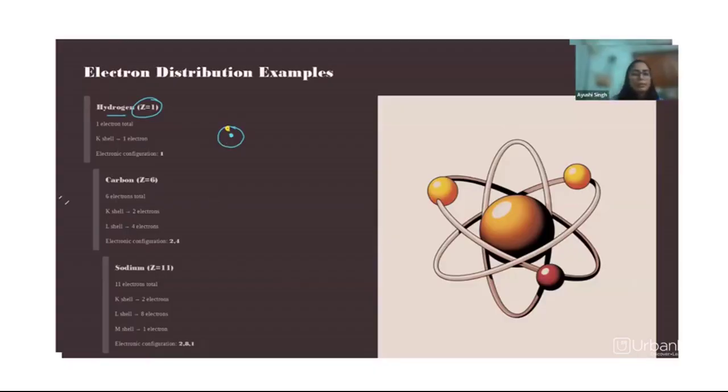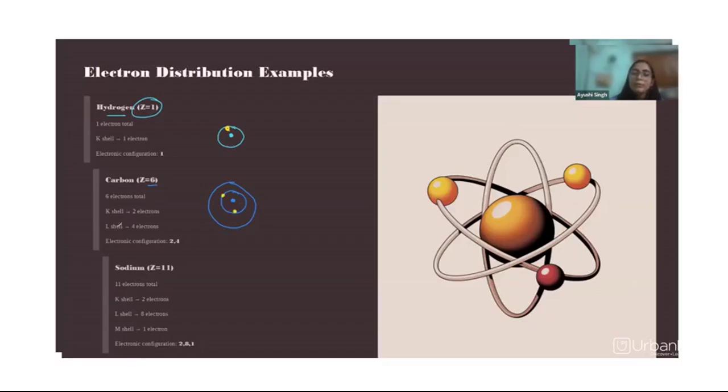Now if we talk about carbon, let me change the color. So let's take carbon. The first shell will have 2 electrons, but the atomic number is 6. So how many more electrons do we need to add in the other shell? The atomic number is 6, but the first shell can only accommodate 2 electrons. 1, 2, done.